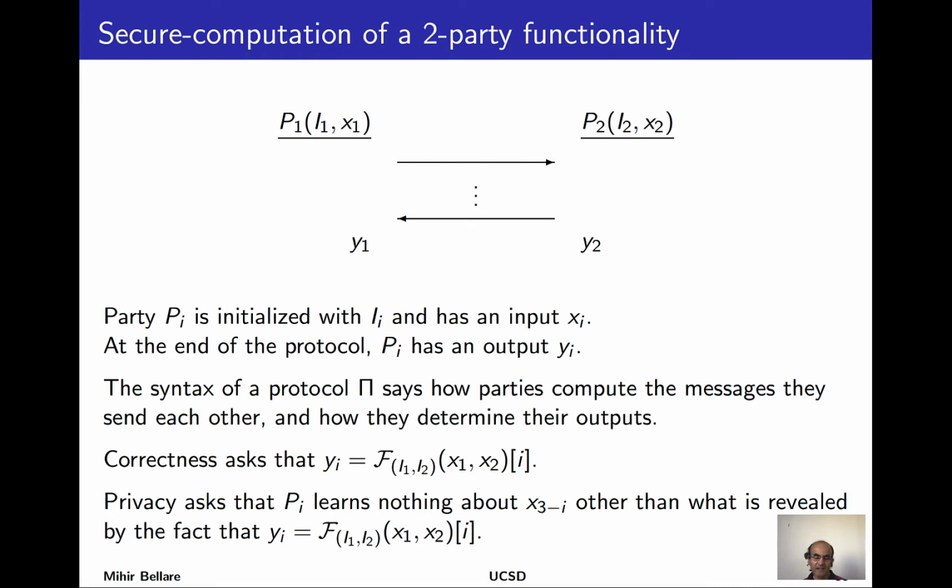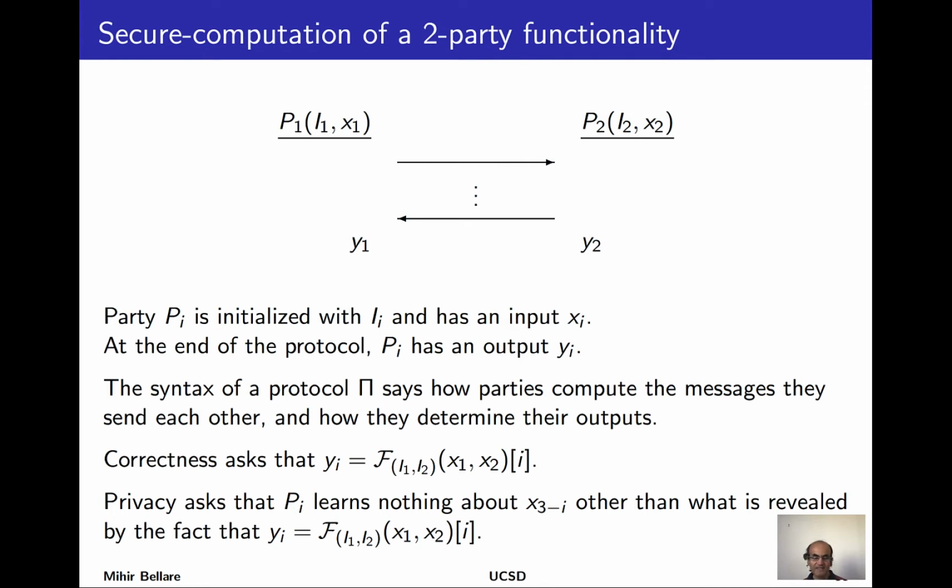And at the end, from all the messages received, computes the output of the party. But we won't usually specify that in detail. We'll just have these little pictures. There's of course a correctness requirement, and that simply says that correctness of the protocol relative to the functionality we're looking at says that the outputs are what the functionality says they should be for each party. And finally, there's privacy.